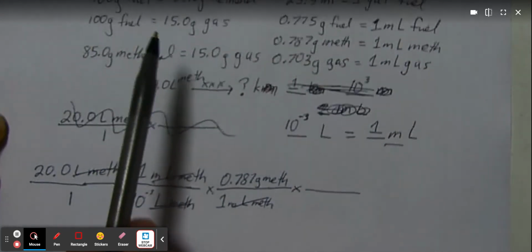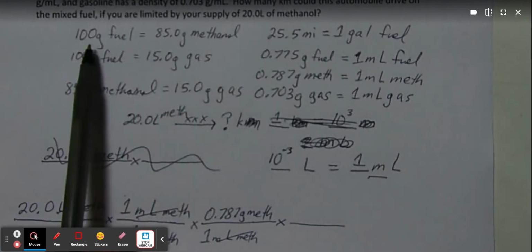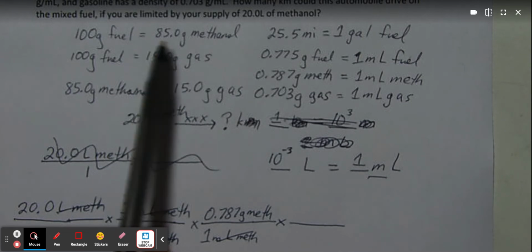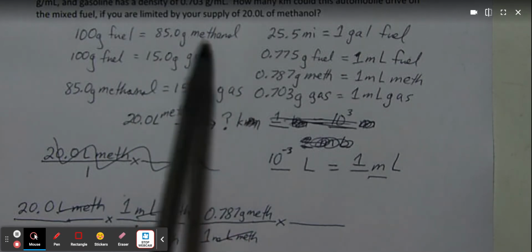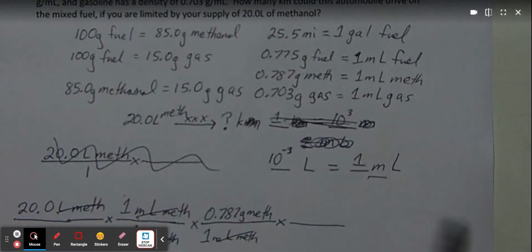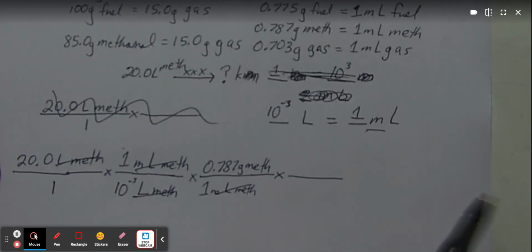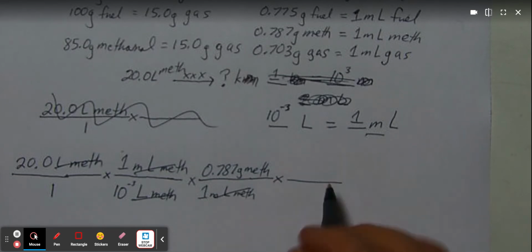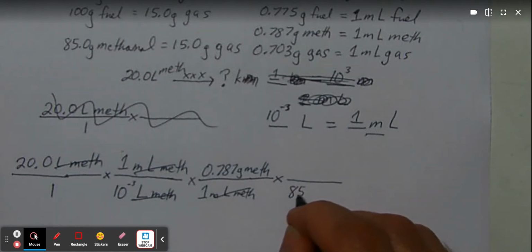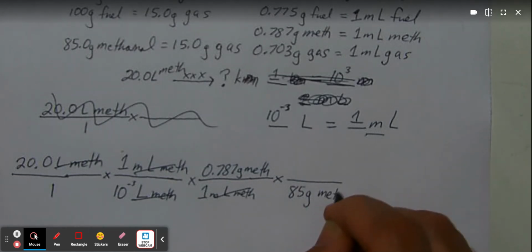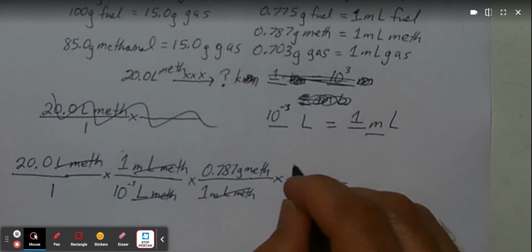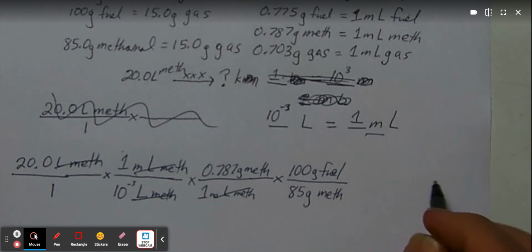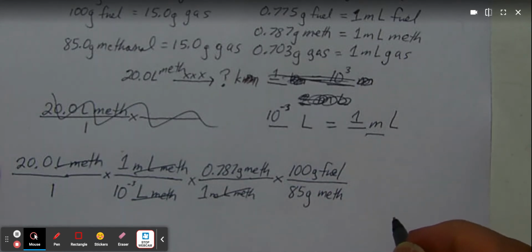Now I can use the relationship of 100 grams of fuel is equal to 85 grams of methanol. Since I have grams of methanol on the top, I'm going to put 85 grams of methanol on the bottom, and 100 grams of fuel on top.